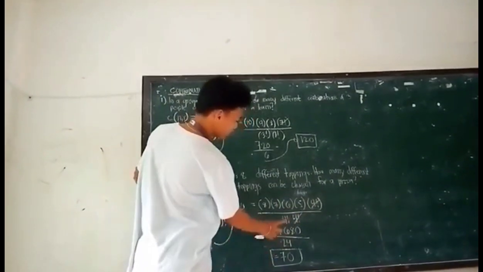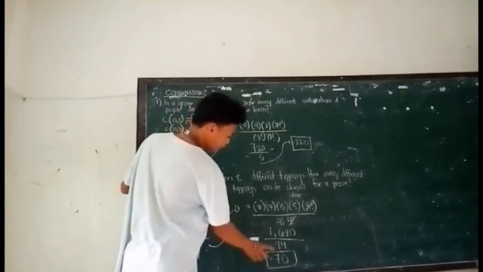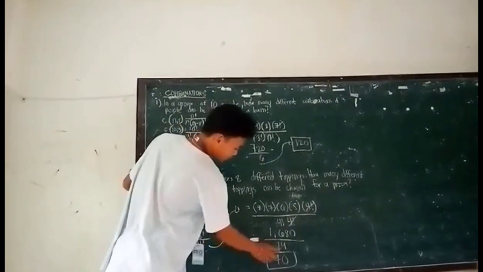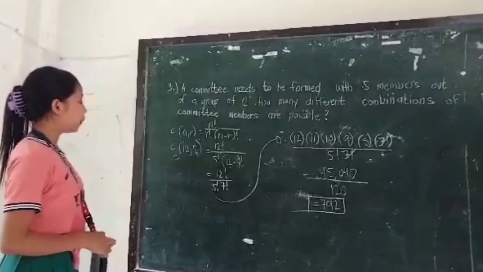Then 4 times 3 times 2 times 1 equals 24. Then divide equals 70.